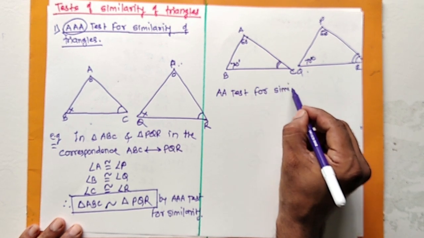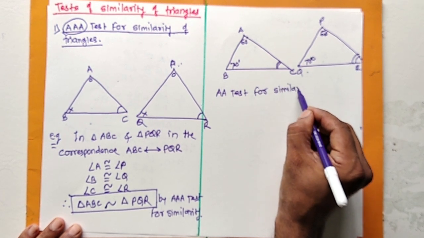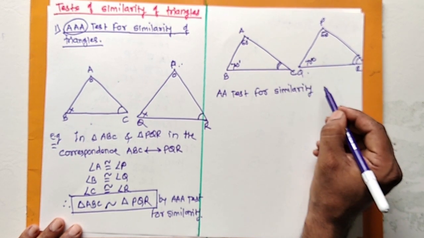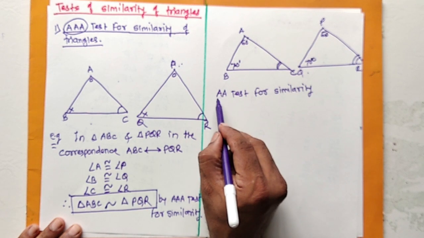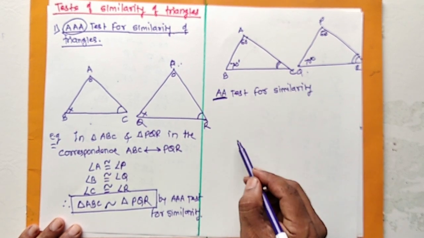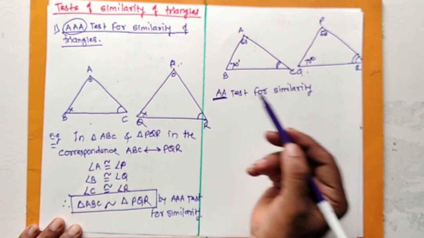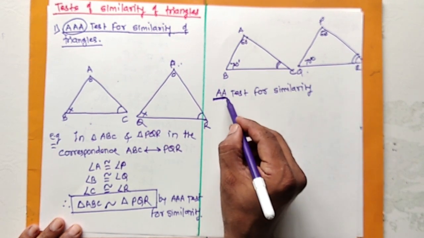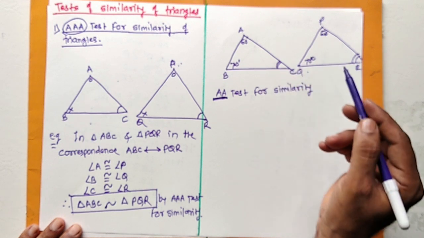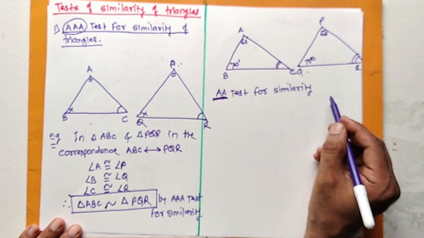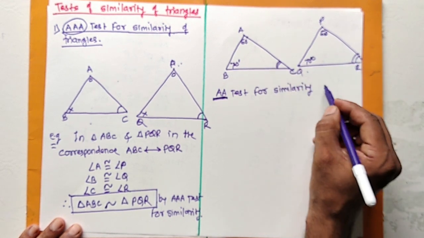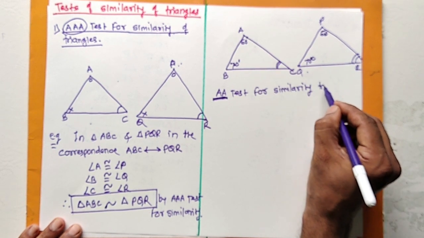For similarity of two triangles, only two angles are sufficient. Two specific angles are sufficient to show that two triangles are similar.